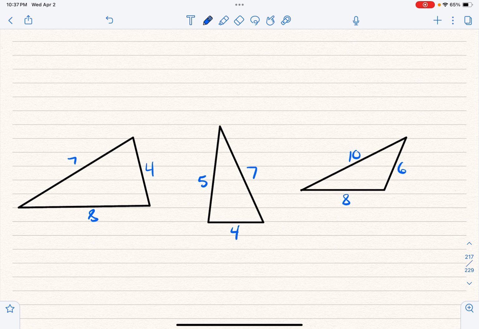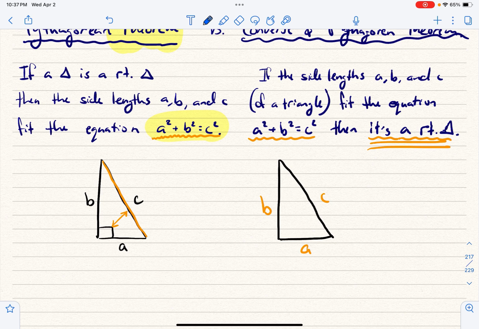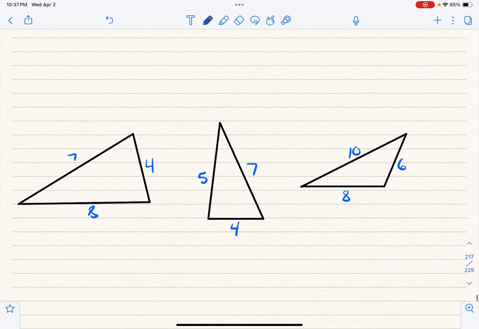What I would like you to do is to determine whether any of these or all of these or some of these are right triangles using the converse of the Pythagorean theorem. Meaning I can take the three sides, plug it into this formula, and if it's true, then it must be a right triangle. Okay? So go ahead, we're going to pause the video right here, and I want you to try it for all three of those.